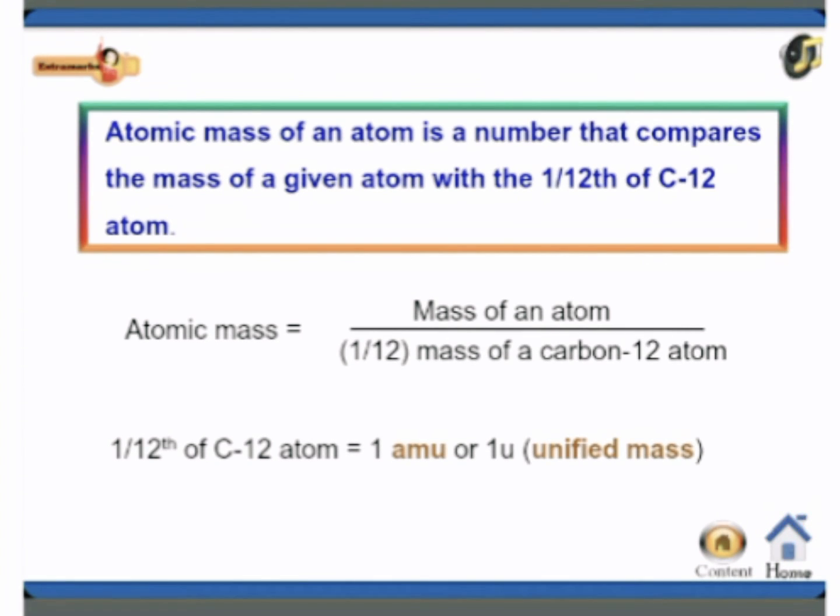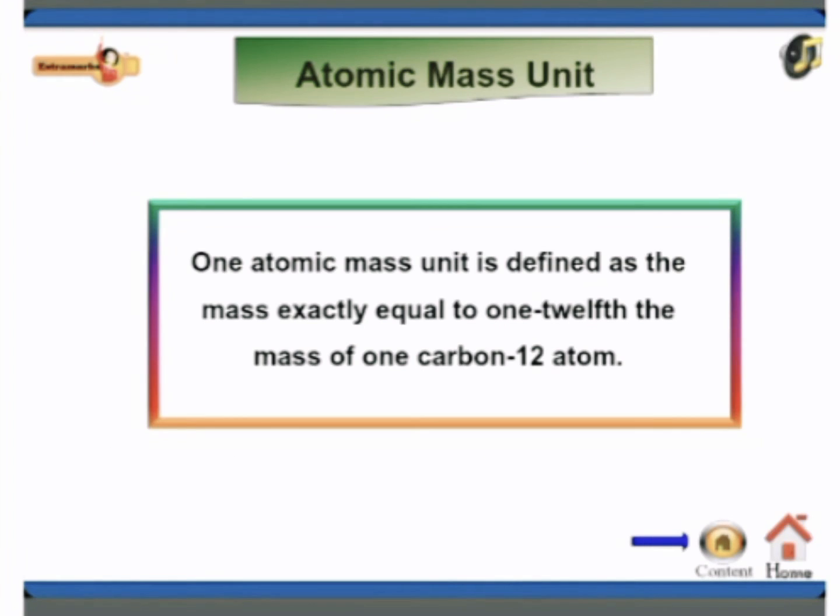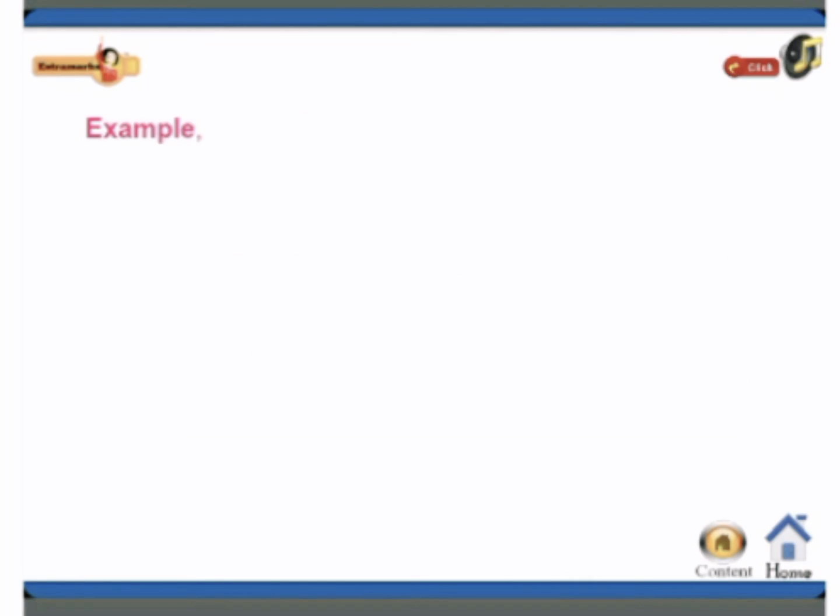Atomic mass of an atom is a number that compares the mass of a given atom with the 1/12th of the C12 atom. One atomic mass unit is defined as the mass exactly equal to 1/12th of the mass of one carbon-12 atom.